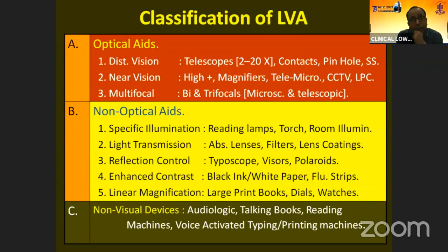Some of them help see things for near and some for seeing distant objects. These are not all-purpose aids, but for specific purposes only. They maximize the remaining vision to enjoy daily activities and hobbies. So we will be considering all these facts in the later slides before discussing any type of low vision aids.